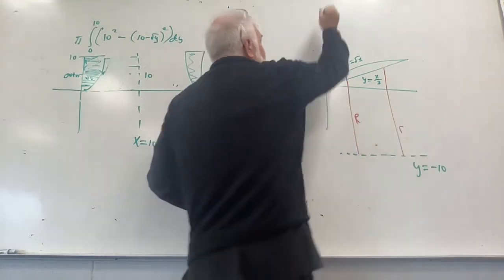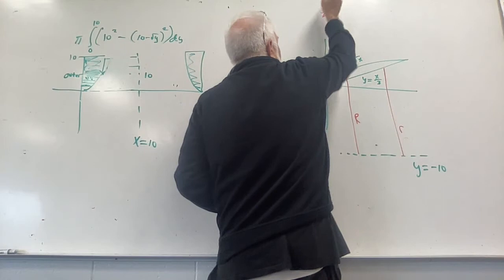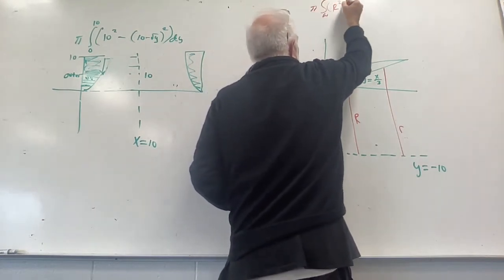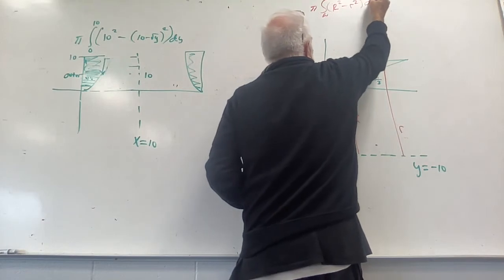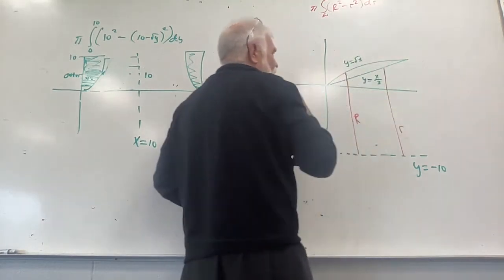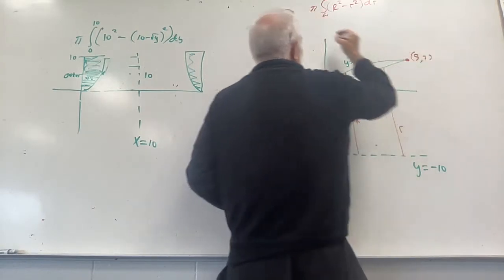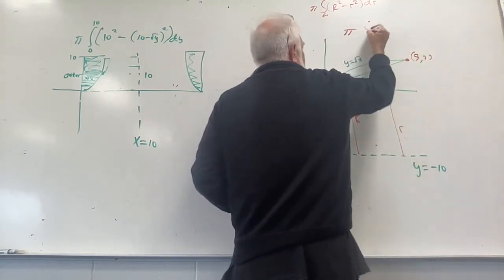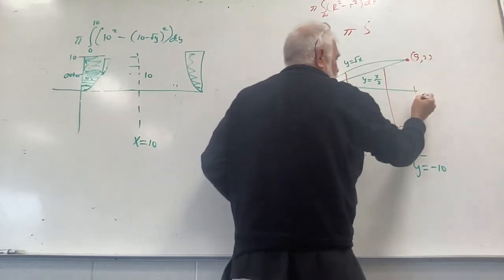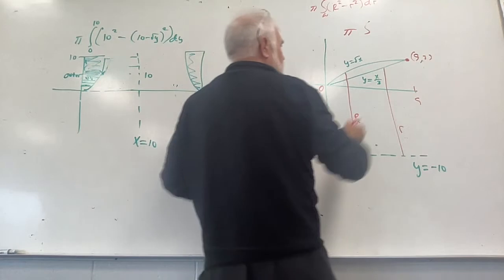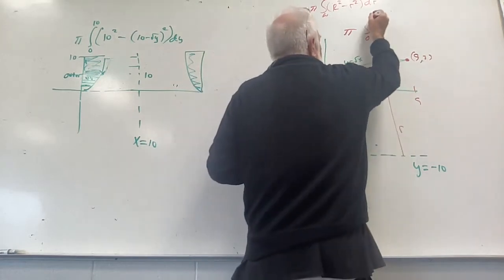All right, so we've got to have ourselves an A to B. Over there it was C to D. Pi, we've got to have our big R squared minus our little r squared dr. So what do we got? Well, we know that was a 9,3. So we are definitely going to do it in terms of x, which means we're 0 to 9. Oh, yes, 0 to 9.